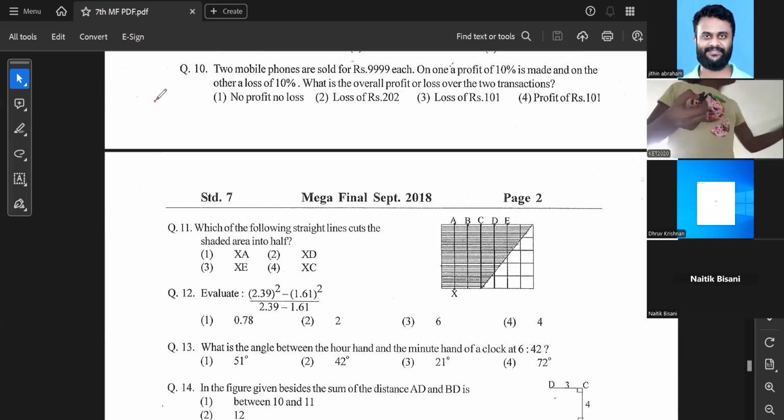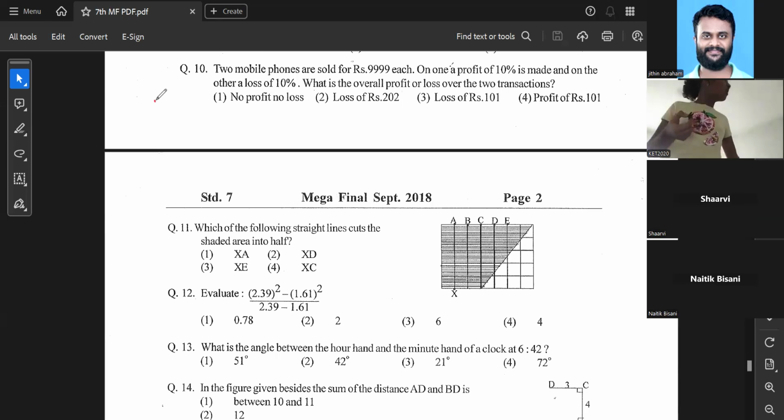I'm not able to recollect that formula. So try the unitary method, like it would be easier. But still, what was that formula? I'm not able to recollect that formula here. Check.